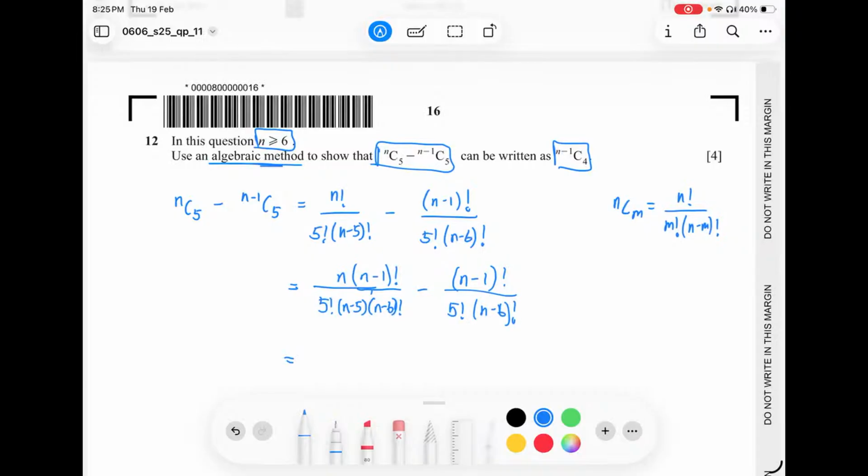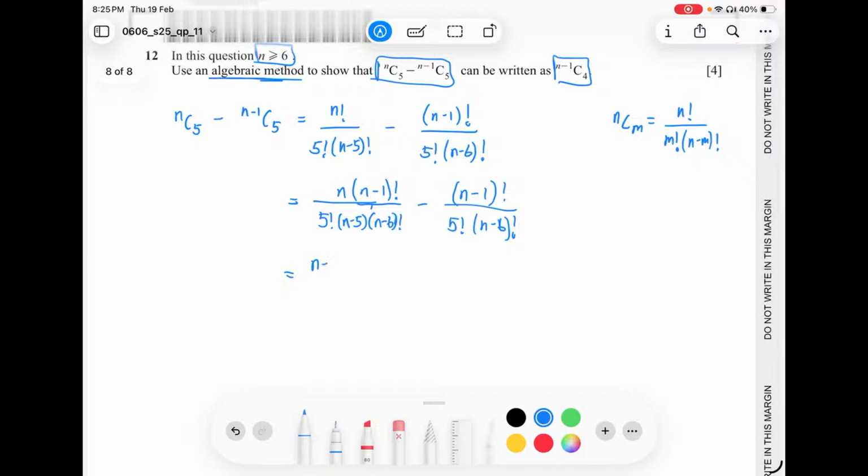So the common terms, when you factorize it, you'll get n minus 1 factorial over 5 factorial, n minus 6 factorial, times n over n minus 5, minus 1.